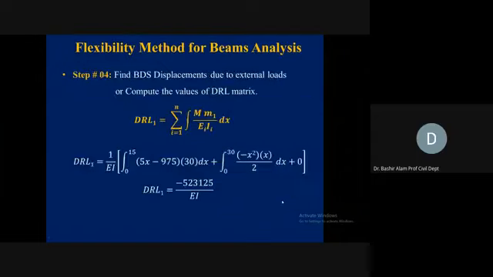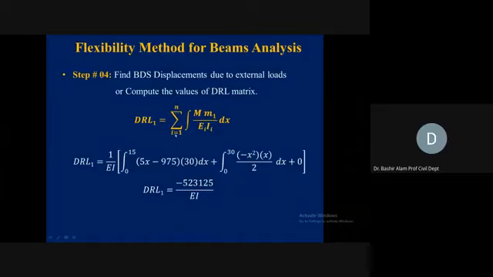Next, now we have the standard format for DRL1, for DRL2, for F11, F12 is equal to F21 and F22. DRL1 is the summation of the effect of all members, i equal to 1 to n, where n is the number of members.